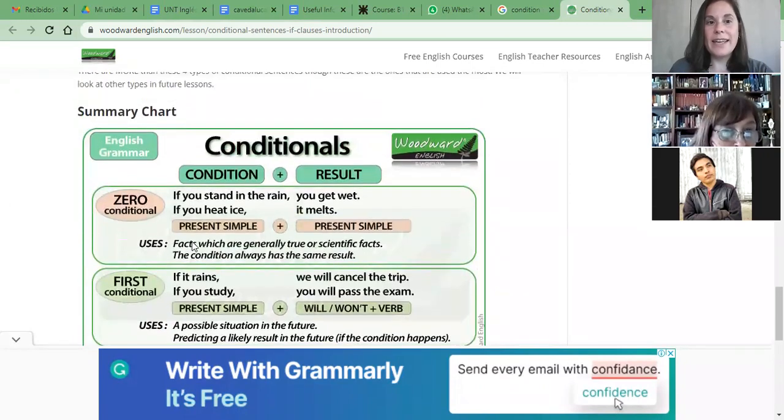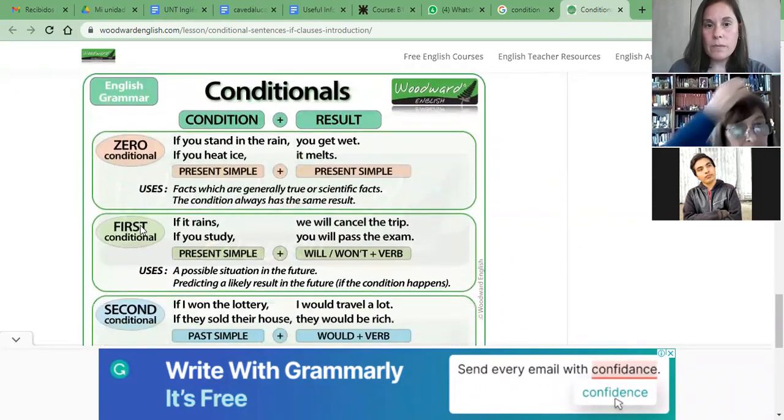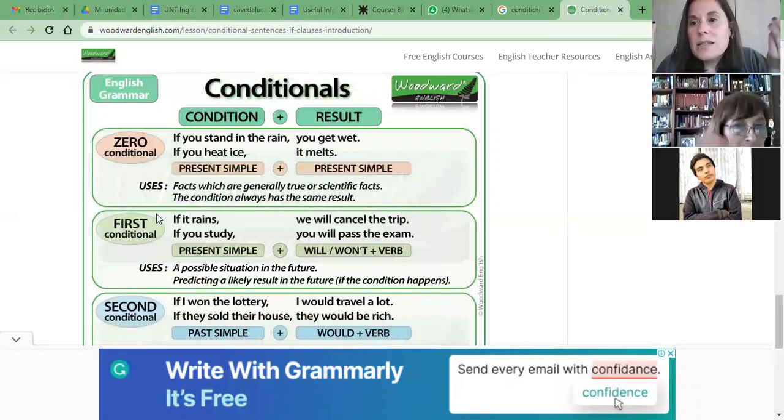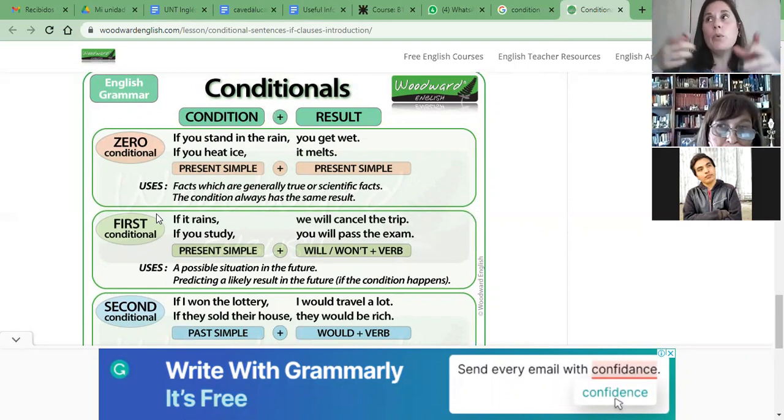In the 0 conditional, you talk about things that are always real. For example, if it rains and you have no umbrella, you get wet. Te mojas. Si llueve y no tenés paraguas, te mojas. If you put water in the freezer, it freezes. It always happens.